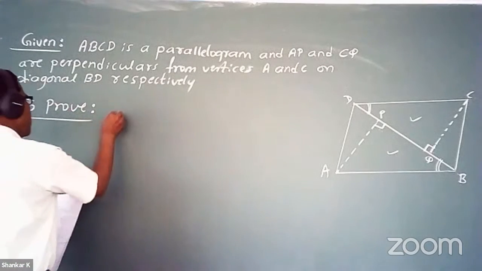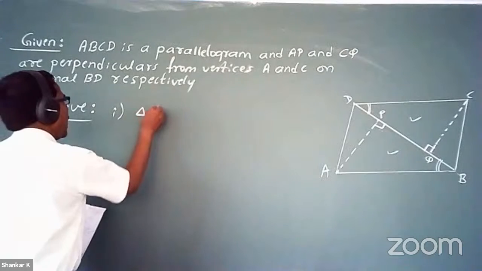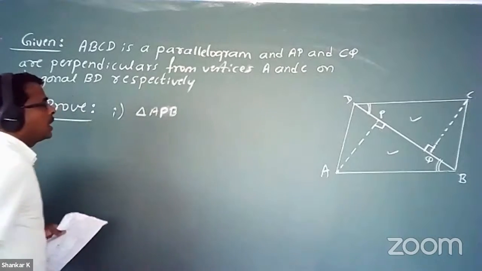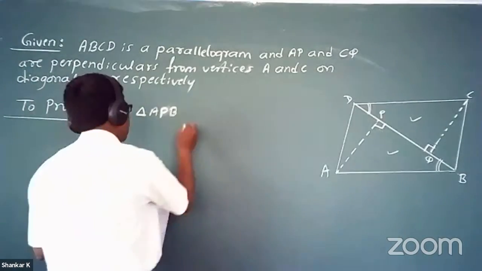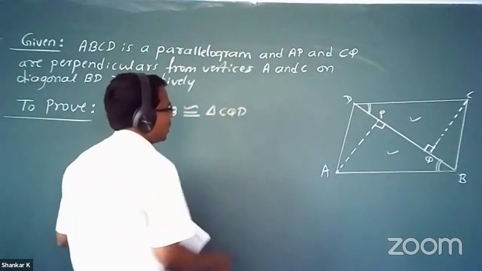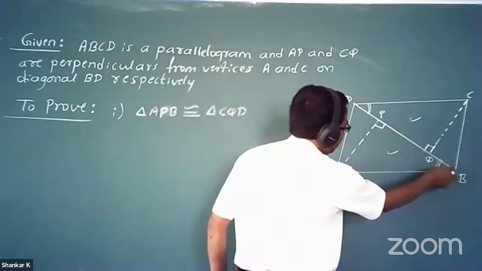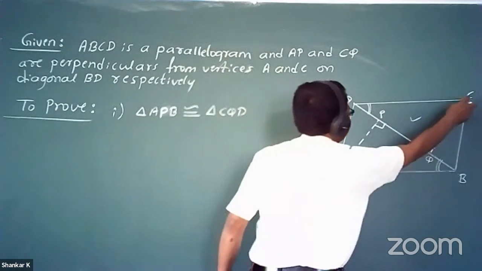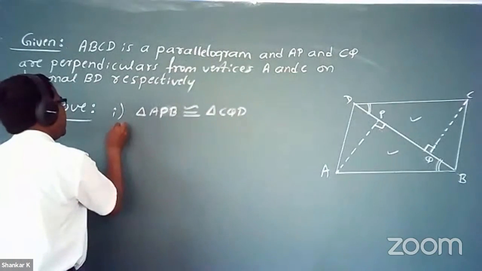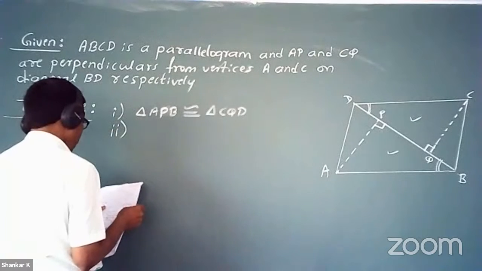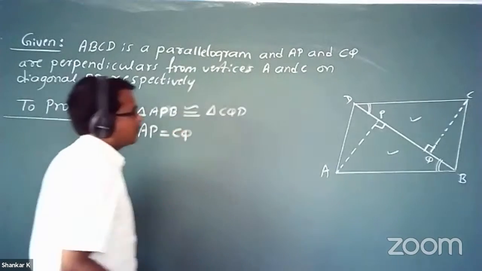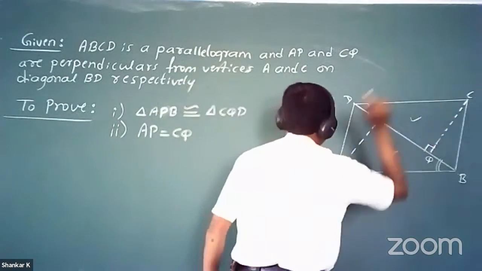To prove: first point, triangle APB is congruent to triangle CQD. Second point, you have to prove AP equal to CQ.